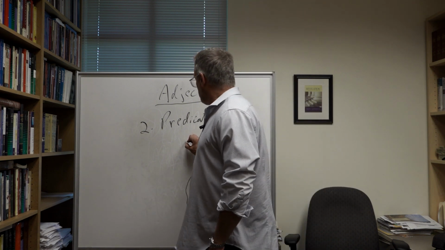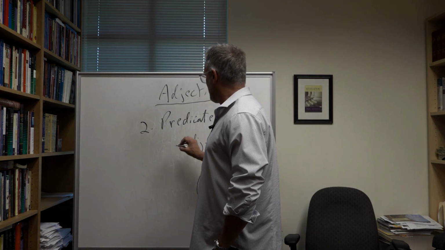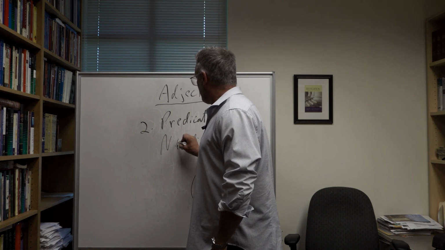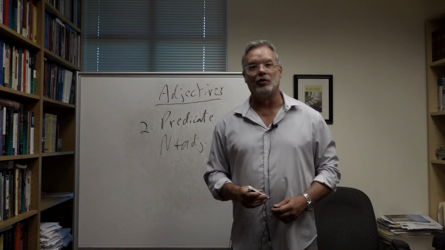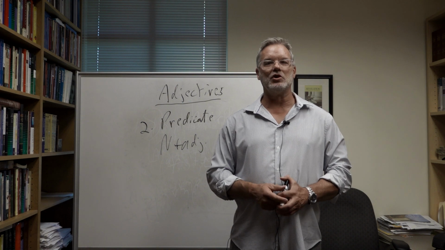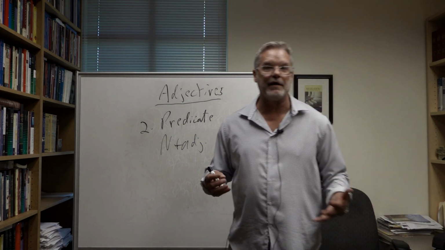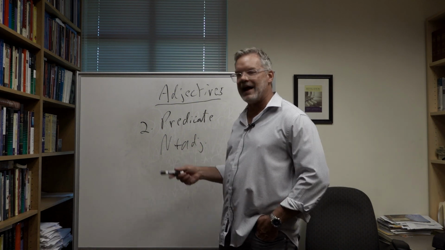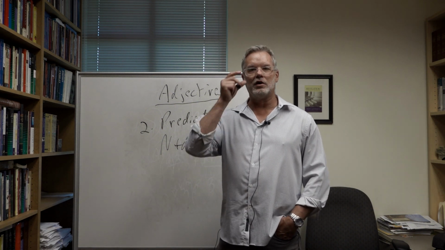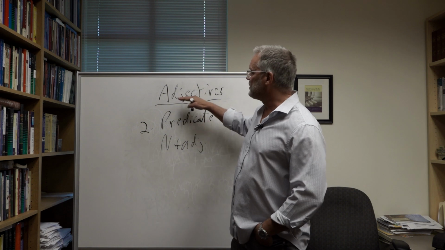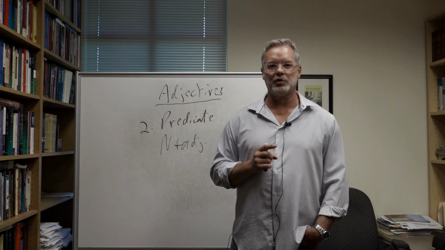And so you will just have the adjective, while it's still modifying a noun. In this case, there is no article before it. In a couple of examples, the noun itself might have an article, but the key is the adjective will not have an article preceding it. And that's what distinguishes it from number one, the attributive.